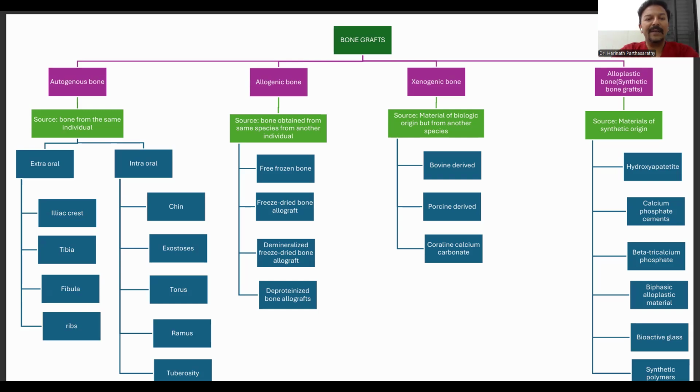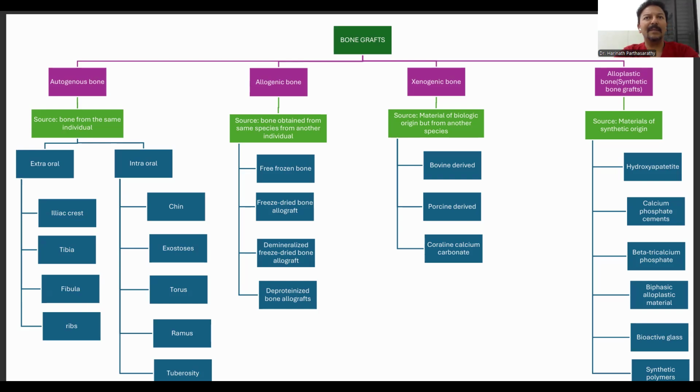Intraorally, we can harvest graft from these sites. Other intraoral sites like exostosis, the ramus, the tuberosity, and the tori have a mix of both cortical and cancellous bone. So you can harvest block kind of grafts or particulate grafts from those areas. We use special chisels, bone rongeurs, and bone files.